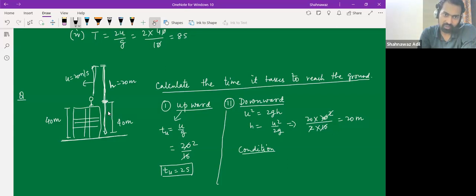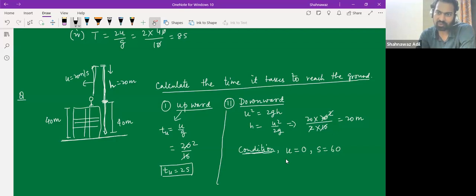We can calculate the time it takes to reach here, but we have this extra journey, so let us solve that accordingly. So the condition is that the initial velocity is 0, it is dropping from here. So u is 0, s we know, as Rishita suggested, is 60.